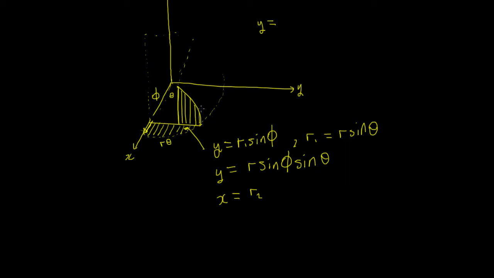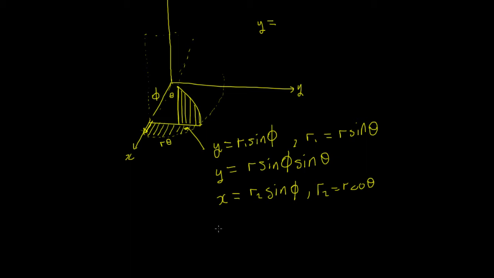In this case, r2 would be this distance in here, so it would be that distance there. So it would be r2 sine phi, and r2 would be equal r cos of theta.